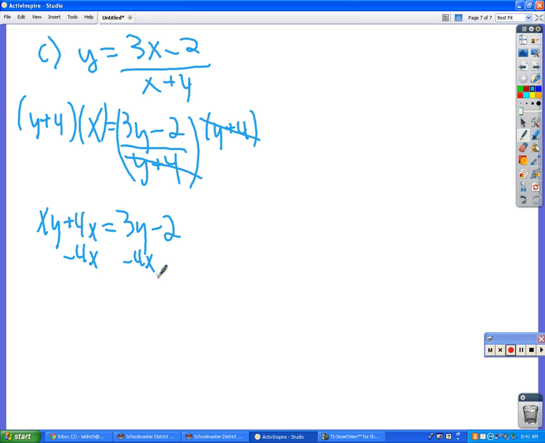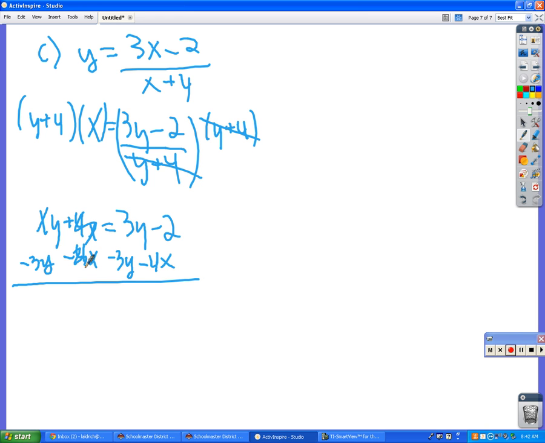And the 3y term does have a y in there, so it's got to get moved over to the left. And the minus 2 doesn't have a y, so it's fine.